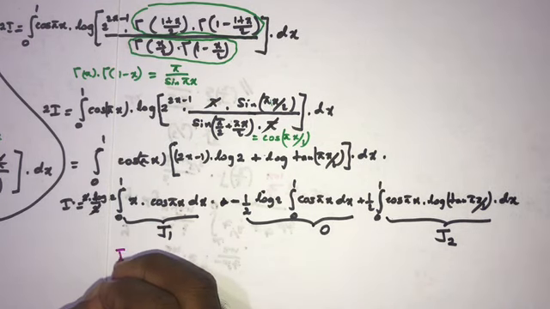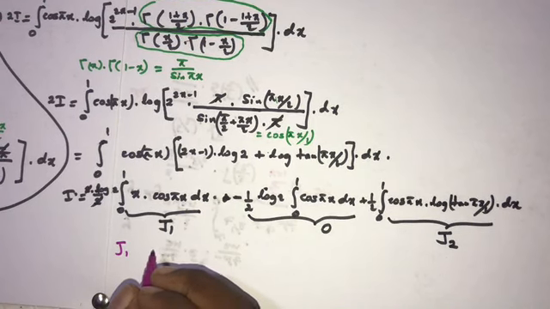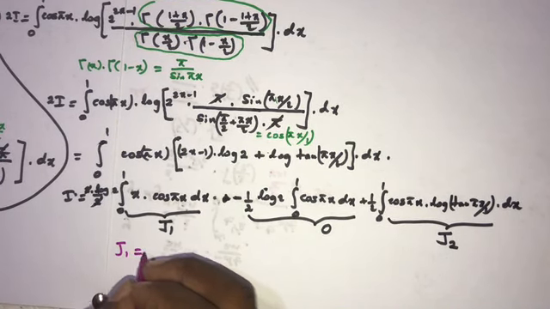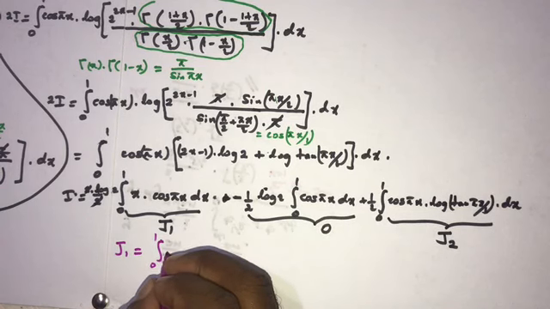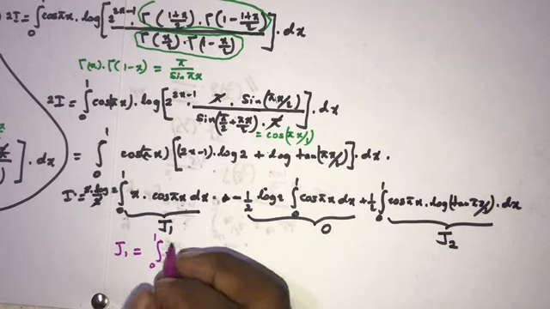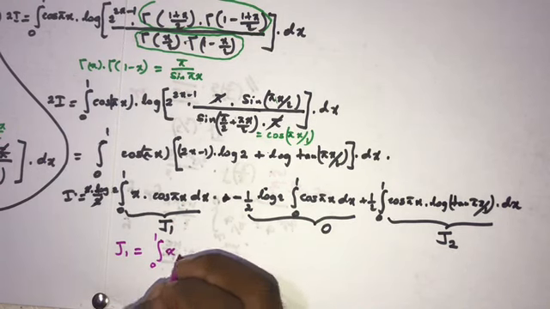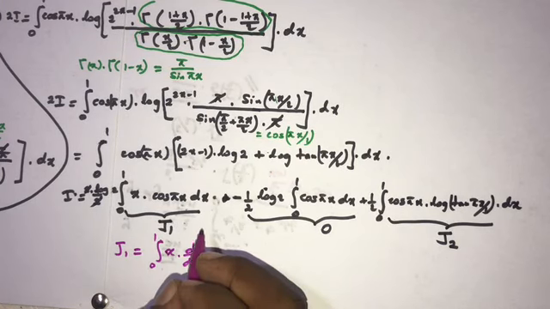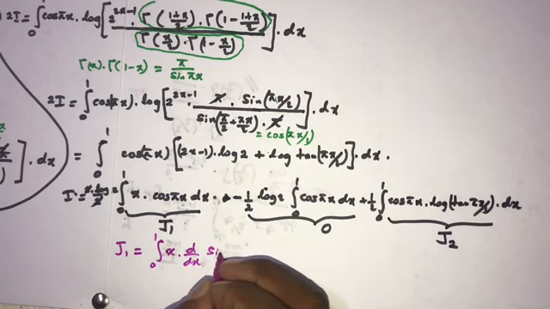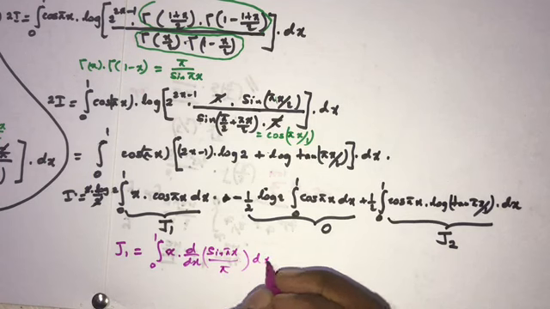Okay, now we are going to evaluate J1 and J2. So we know J1 is equal to the integral from 0 to 1 of x times cosine of pi x dx. I am going to rewrite x, and integrate by parts. Now the integration of cosine of pi x, we know, is sine of pi x over pi dx.